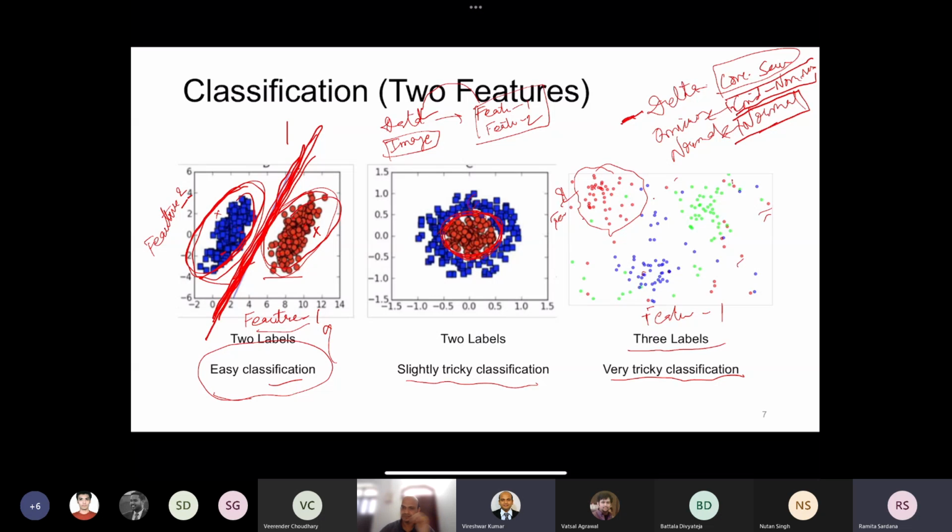So X, Y, and color will be the three features of the input. These are called three features.